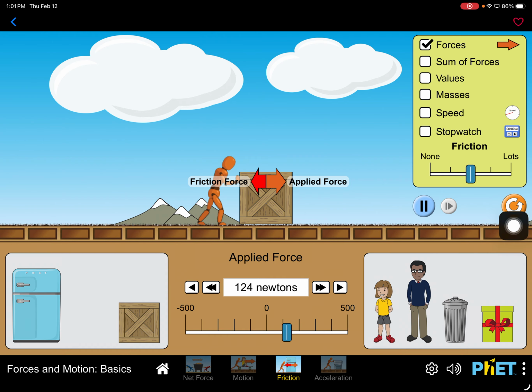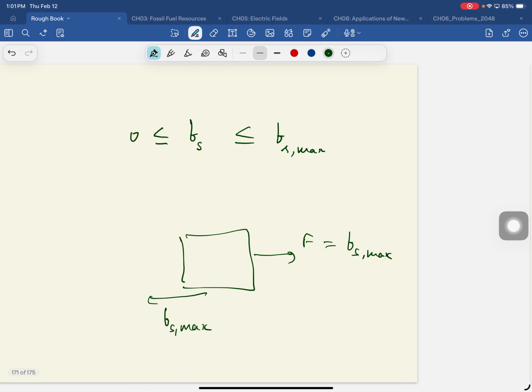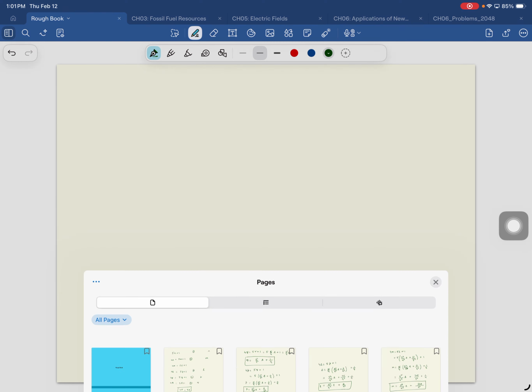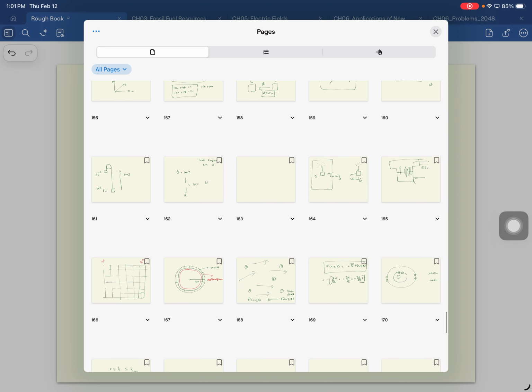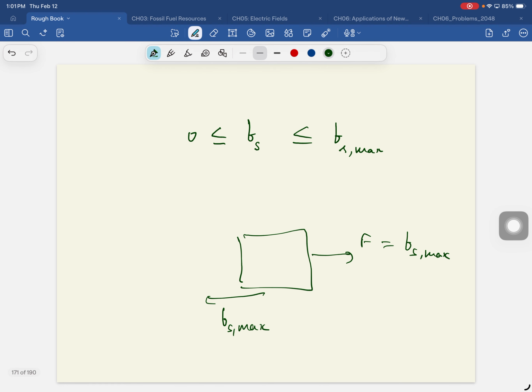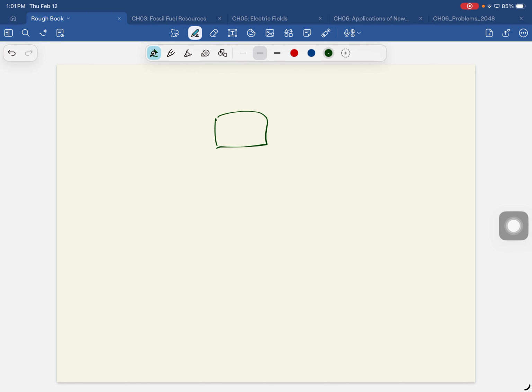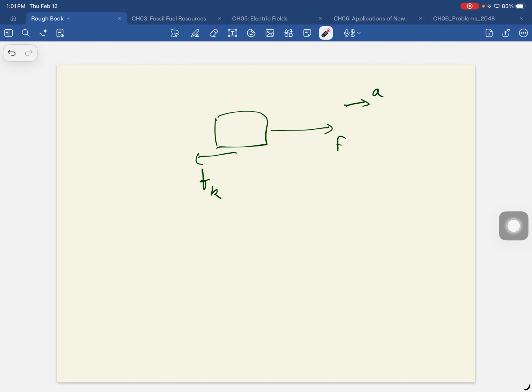Once the object starts moving, the friction force becomes a kinetic friction force, and we call it f subscript k. If you have applied that force, the object will accelerate. It's accelerating, so it's moving.